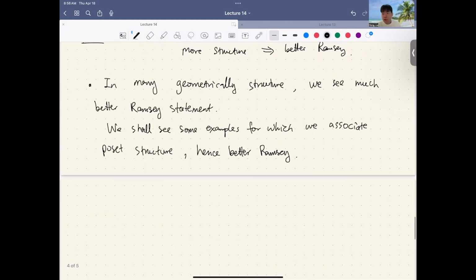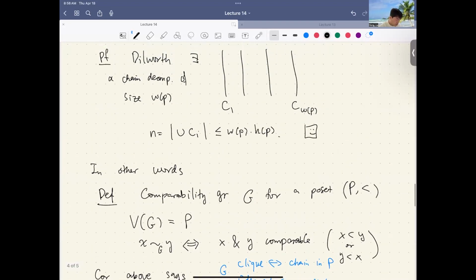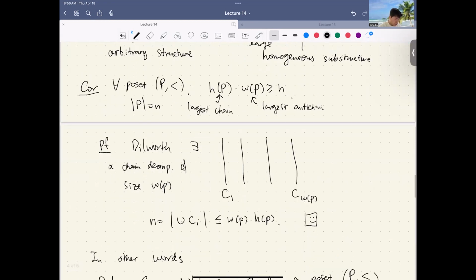So there's a question in the chat saying that for the matchings or tau of G, the vertex cover number, do we assume the graph is connected or not? We don't assume anything. The graph could be disconnected. It doesn't matter.